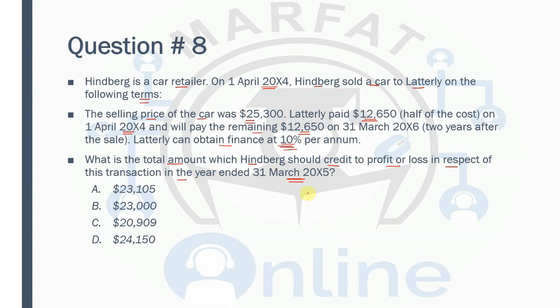So the revenue they can immediately record is 12,650. And now we need to add the other revenue, which should be discounted. So present value equals 12,650 multiplied by (1 plus r) raised to power minus 2, because they will be paying after 2 years. Let me calculate it: (1 plus 0.1) raised to power minus 2, multiplied by 12,650.